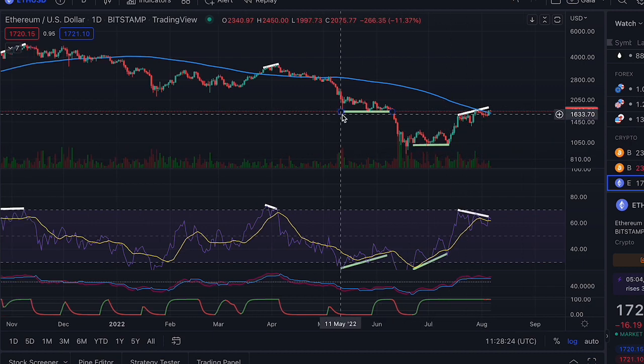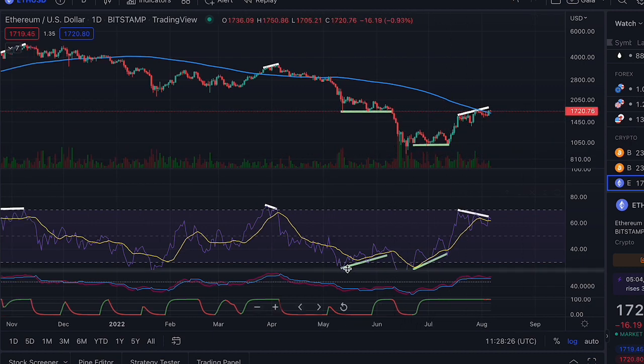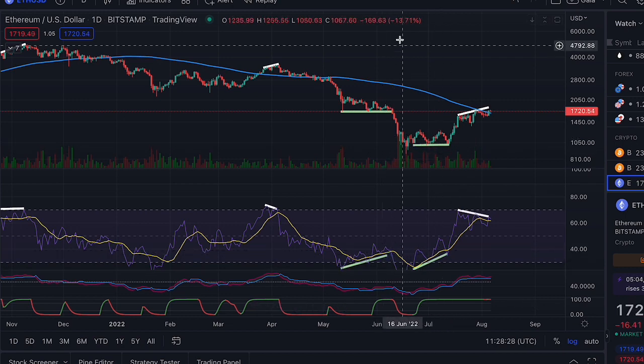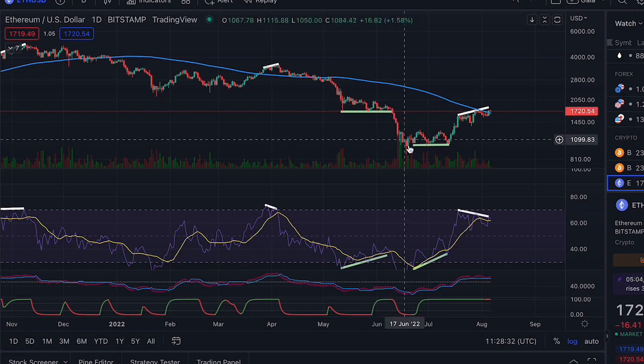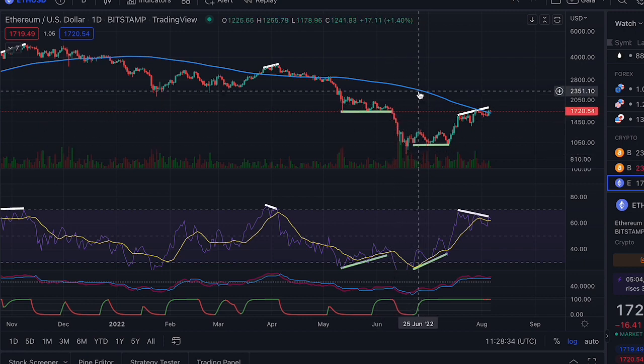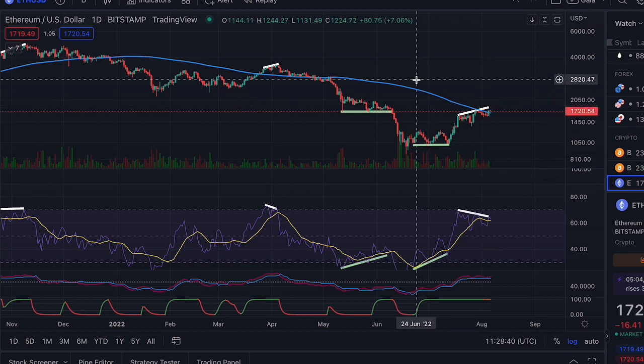However, in this particular case, price went straight across, and we had the same move and it went down. So that's why I say it doesn't happen every time. It literally doesn't happen every time, but it does happen more often than not. That's why people do look at the bullish and bearish divergences, but they don't play out every time.